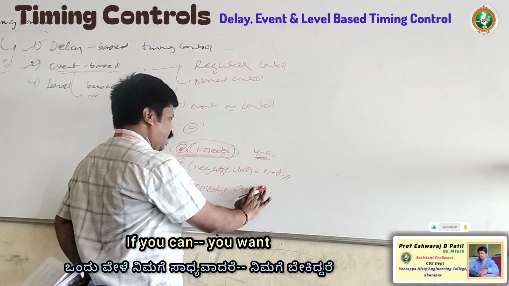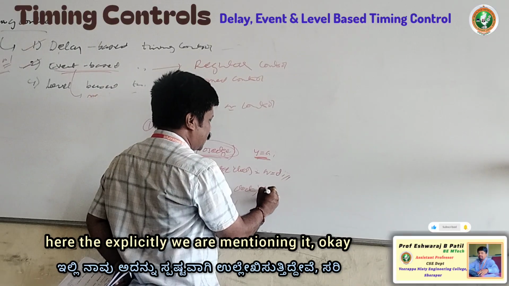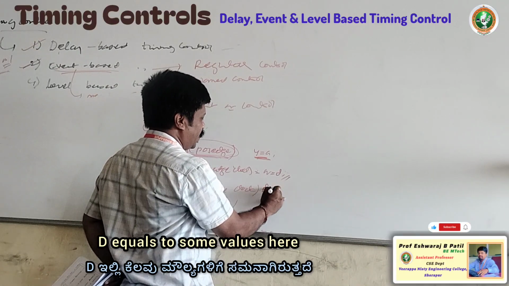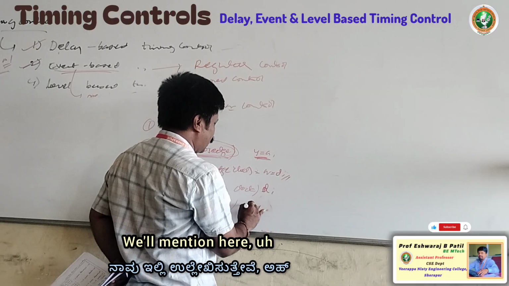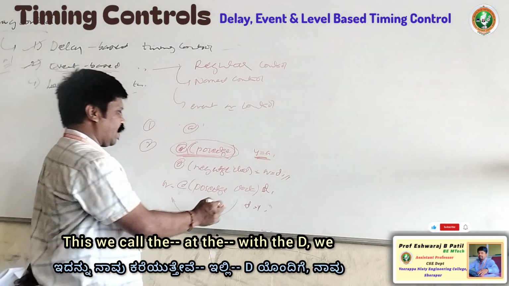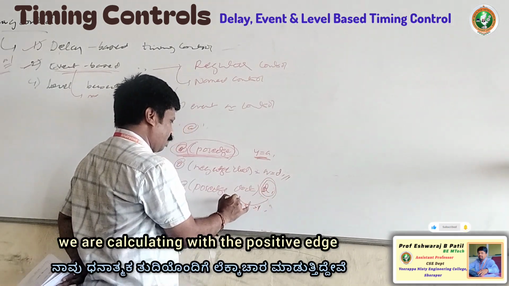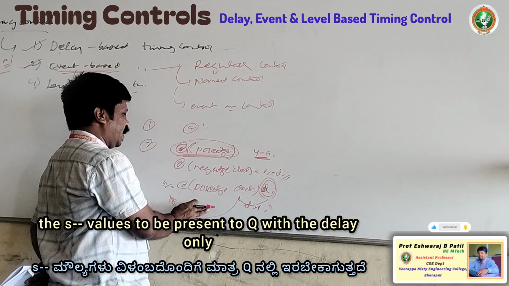You can also mention the d value as 1, 2, 3 like this, but here we are mentioning it explicitly. Here d equals some values, d equals 1 or 3, like this in the programming statement. With d we are calculating with the positive edge, and the value is assigned to q with the delay only.